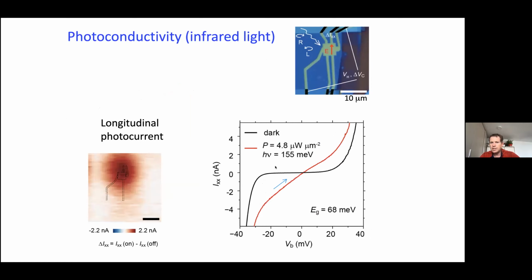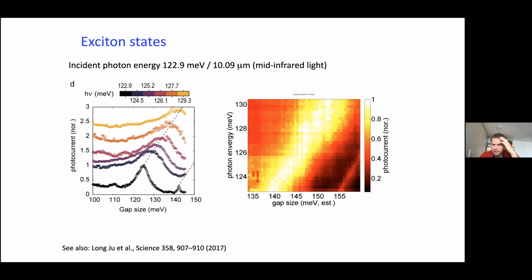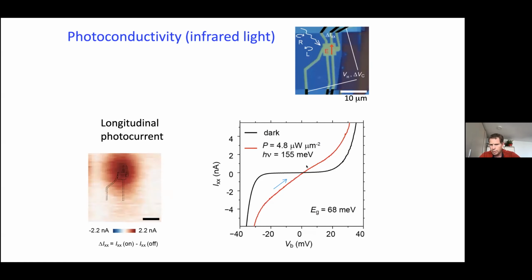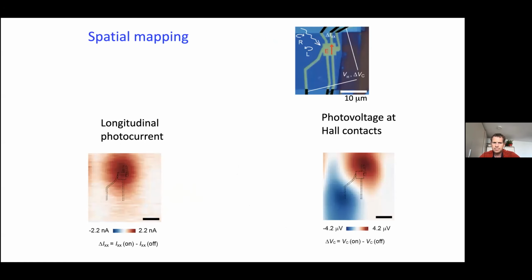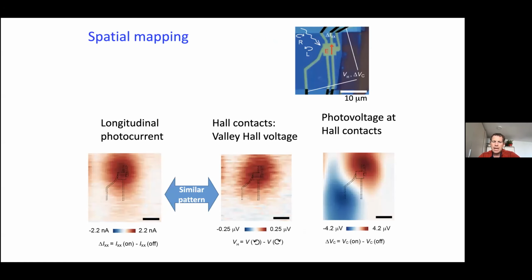Now, when we shine light on the device, it becomes conducting because we are pumping carriers into the system. In the dark, you see here that there's almost no current. When you shine light, there's a current flowing. This is exactly what we probe here: the photoconductivity as a function of circularly polarized light, which we can measure as a function of laser spot position.